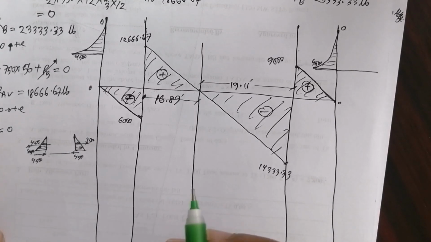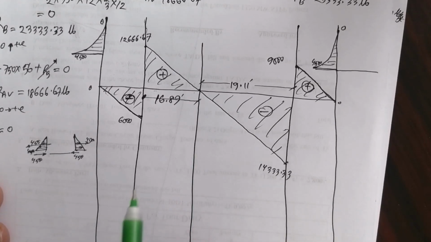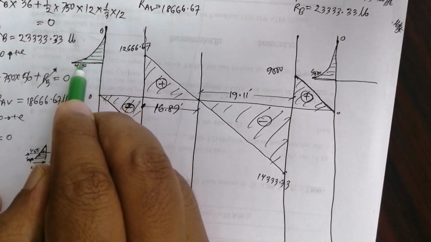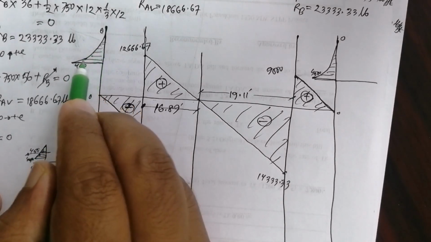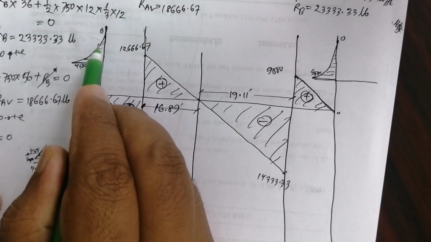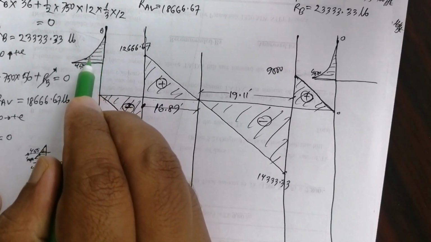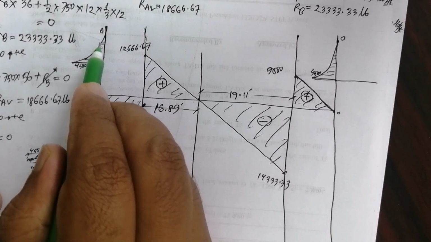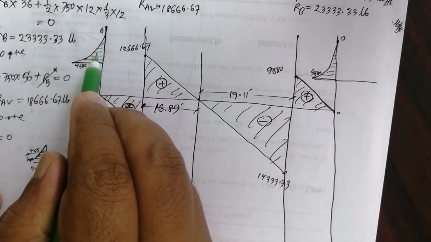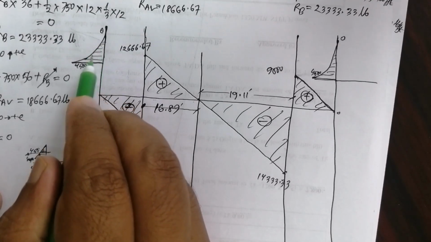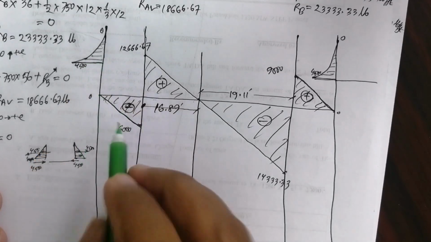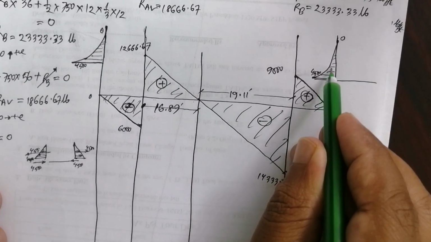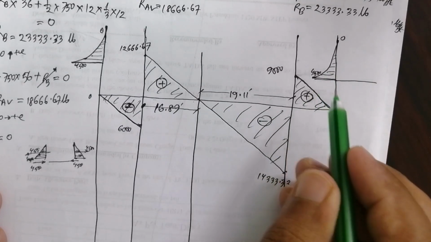Now we calculate the moment diagram. For the moment diagram, this is parabola shaped. We can calculate the moment diagram by the area method, which is very easy. The area formula is 1/3 of BH, and this is triangular, this is triangular, and this is also 1/3 of BH, parabola shaped.